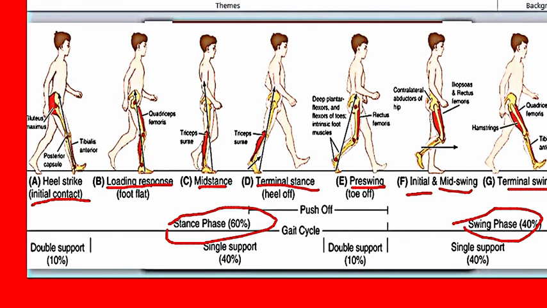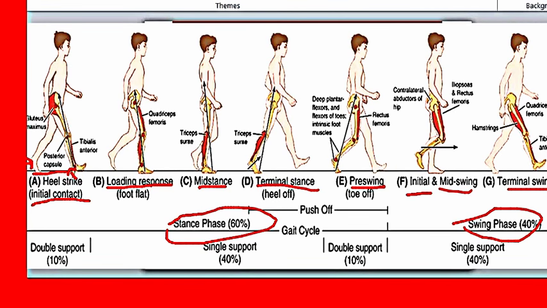Some basic terminology: step length is the distance from one heel strike to the other heel. That's what's called step length. And stride length is the length of one leg, the reference leg, throughout its entire gait cycle.